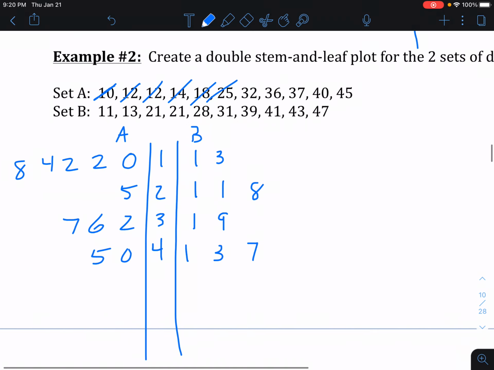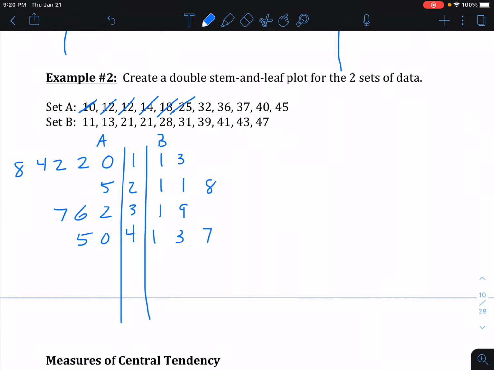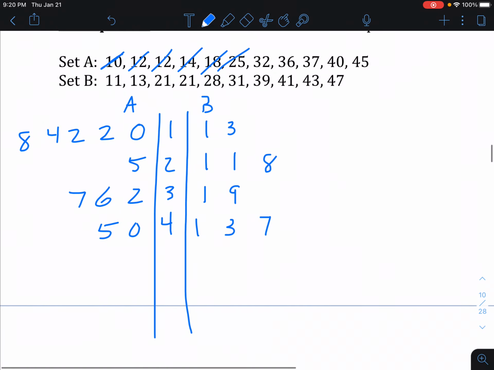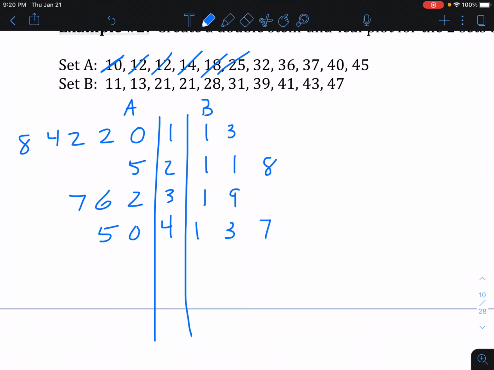So that is a double stem and leaf plot. So if you asked somebody for a quick comparison, like, hey, who scored most in the teens, it would heavily favor, you can see A.